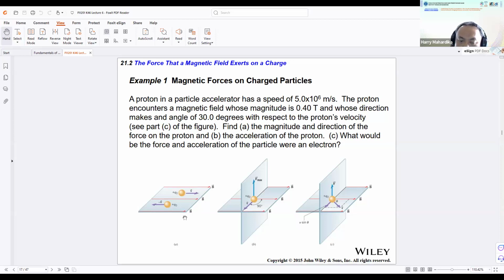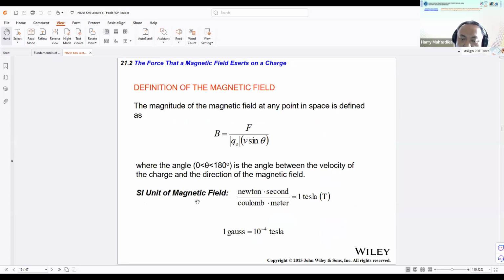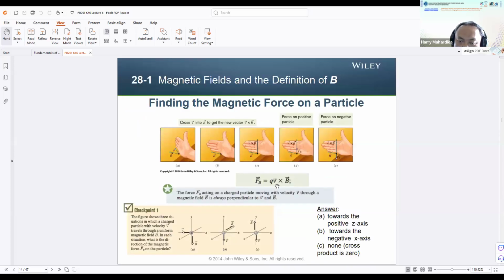It is still on the same orientation, even though the velocity is 180 degrees to the direction of B. Therefore, the result of V crossed with B using a cross product, for a case where the charged particle moves to the left and the external magnetic field points to the right, will produce zero magnetic force.